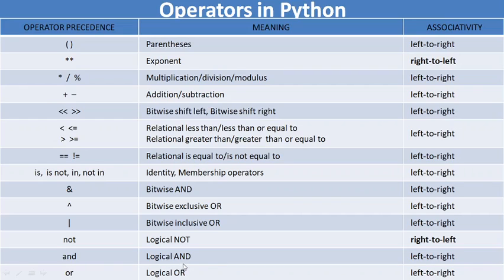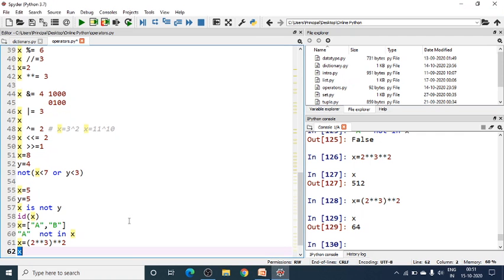If you check here, the not sign again has right to left associativity. So what will happen here? Suppose x is 64, and I write not of x less than 7.